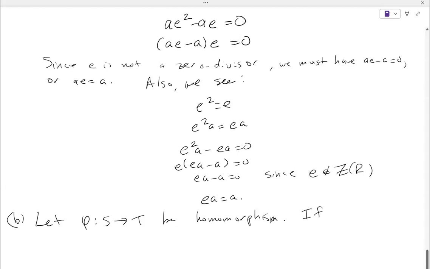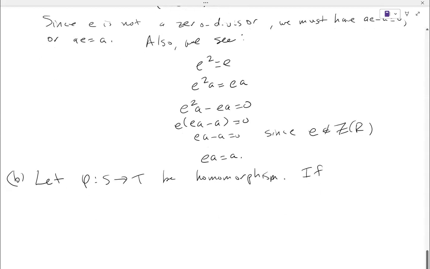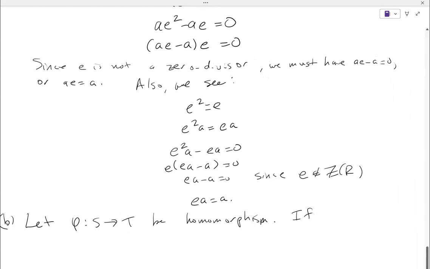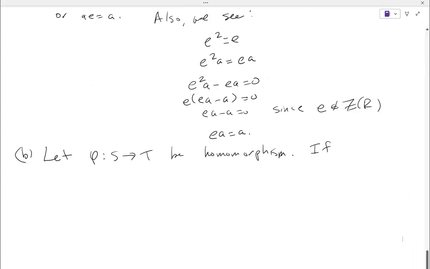So let's do two conditions here. If S has identity, and if phi is non-trivial. Again, trivial homomorphism means everything maps to 0. That's not very interesting.